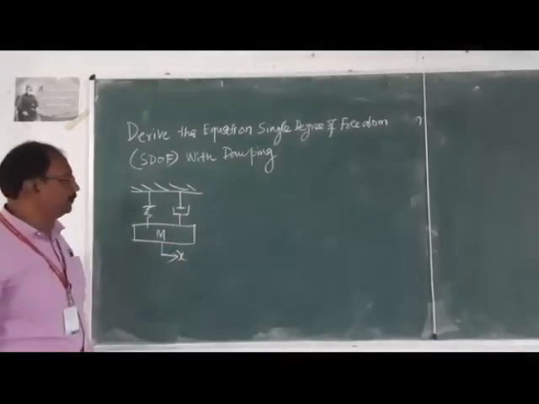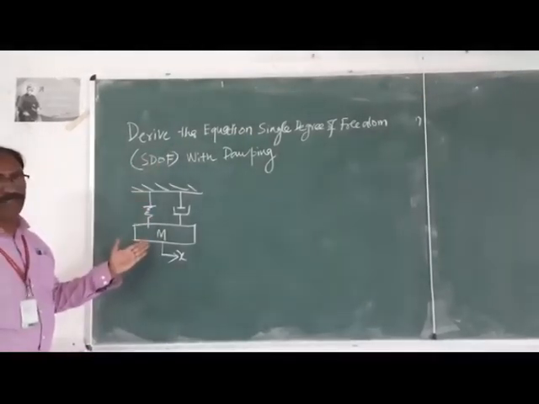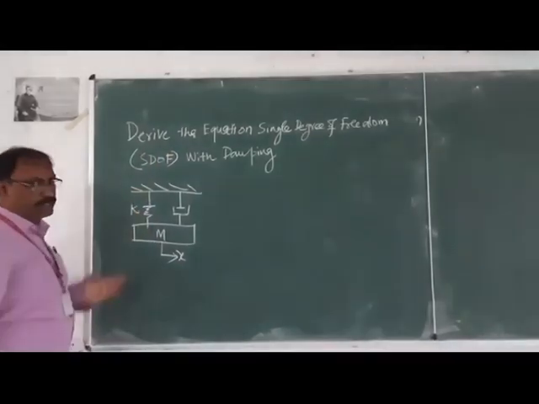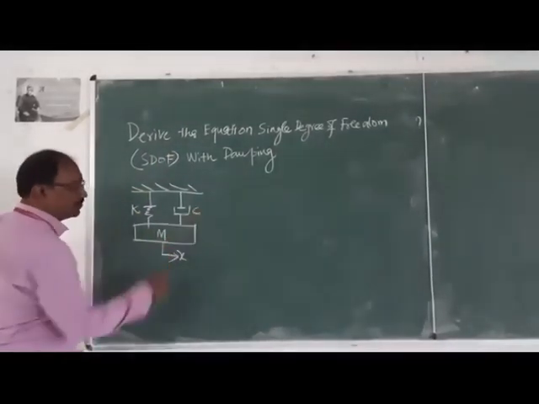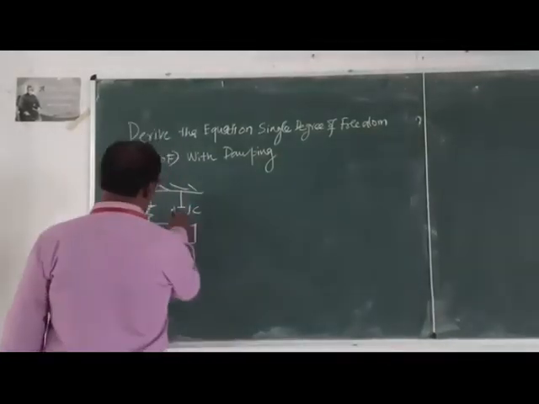This is the diagram. Once they give the direct questions, or otherwise they will give this one. K is stiffness, C is coefficient of damping. We already know that one.